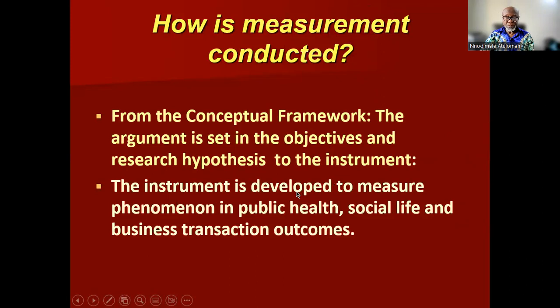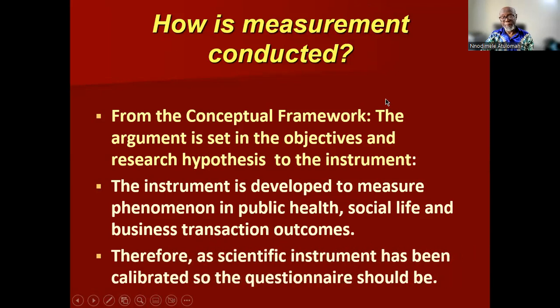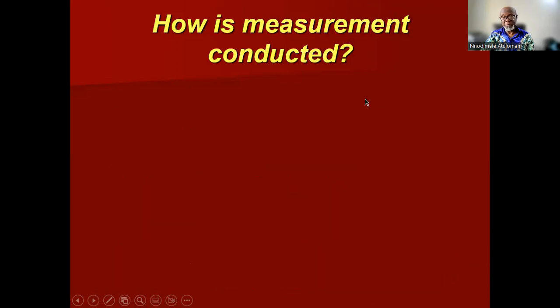Okay. So the instrument is developed to measure phenomena in public health, social life, business transaction outcome. Therefore, as a scientific instrument has been calibrated, questionnaires should be calibrated as well.